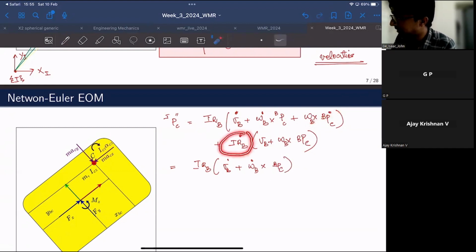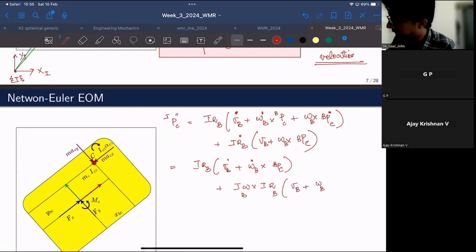And we have to replace this with the appropriate expression, that is plus I omega B cross. There is also going to be an IRB. Then within that bracket, we have VB plus omega B cross BPC.